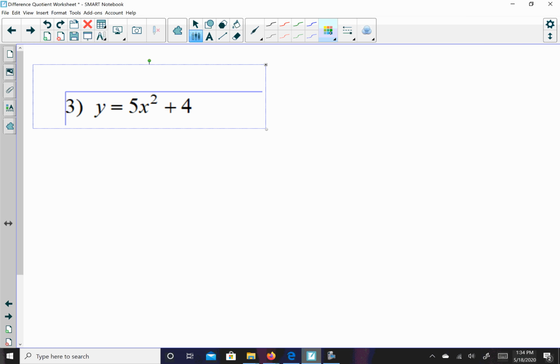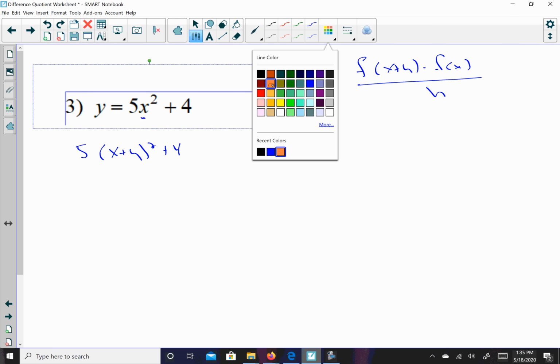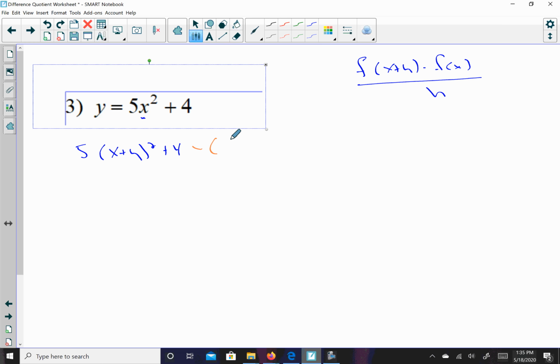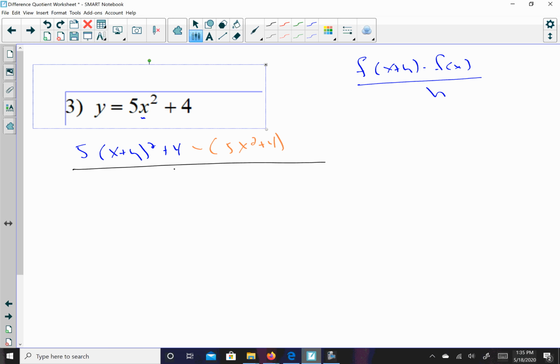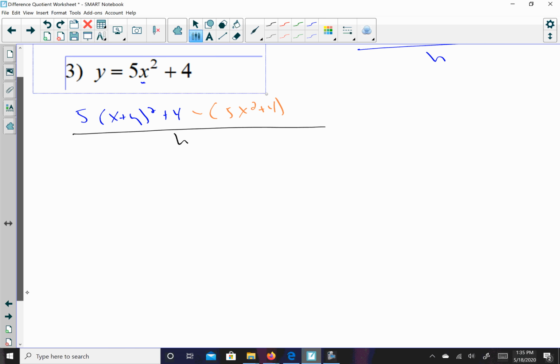Okay, the next one, same formula that we've been using, f of x plus h minus f of x all over h. So I'm going to first put x plus h here, so I'm going to have 5 times the quantity of x plus h squared plus 4, minus f of x, so minus, just copy this down, 5x squared plus 4, putting it in parentheses so I remember to distribute my negative sign, and this is all over h.